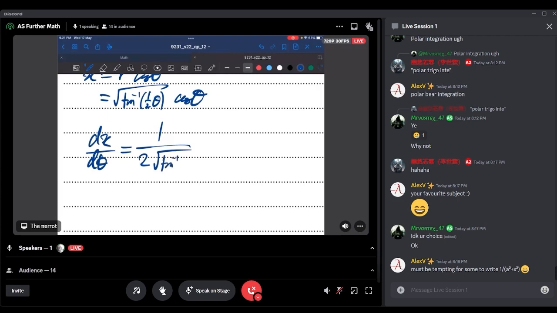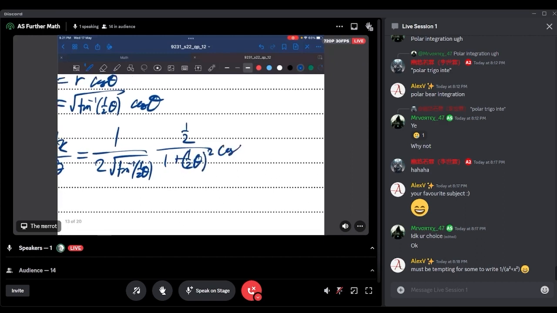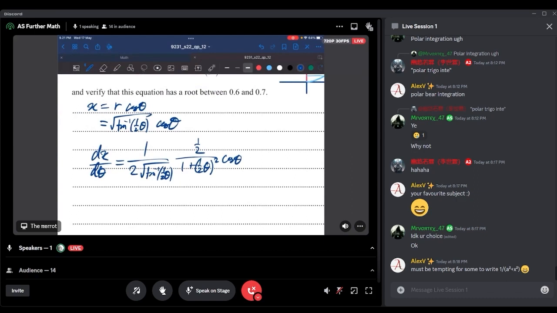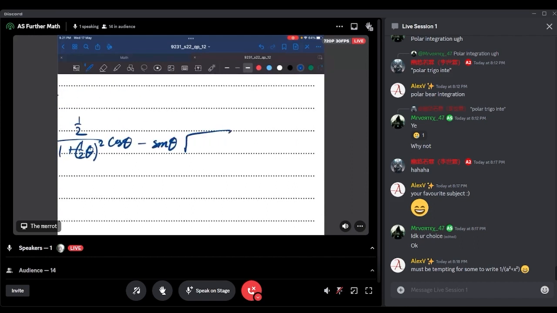And then we have to multiply by the derivative of tangent inverse, that is half over 1 plus half theta squared, then times cosine theta. And then add it with when you differentiate cosine instead. Differentiating cosine is just simply negative sine theta. And so you have your result, like this.